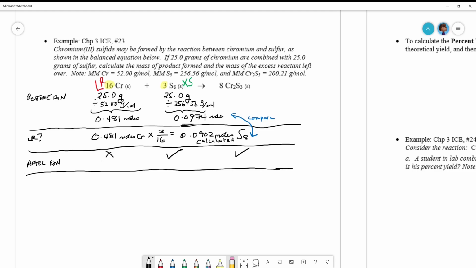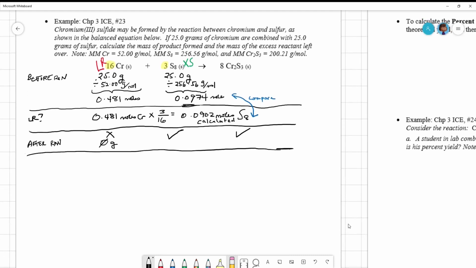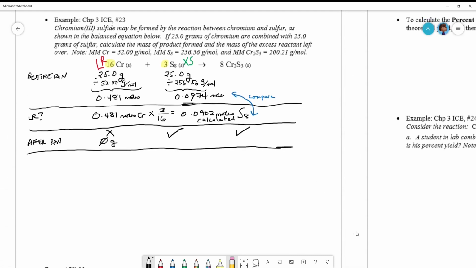Okay, so I'm going to automatically note that there are going to be 0 grams of chromium present after reaction. So all we have left to do is figure out how much product is present after reaction and how much sulfur is present after reaction. How do we do that? With the limiting reactant. So we have 25 grams of chromium as the limiting reactant.